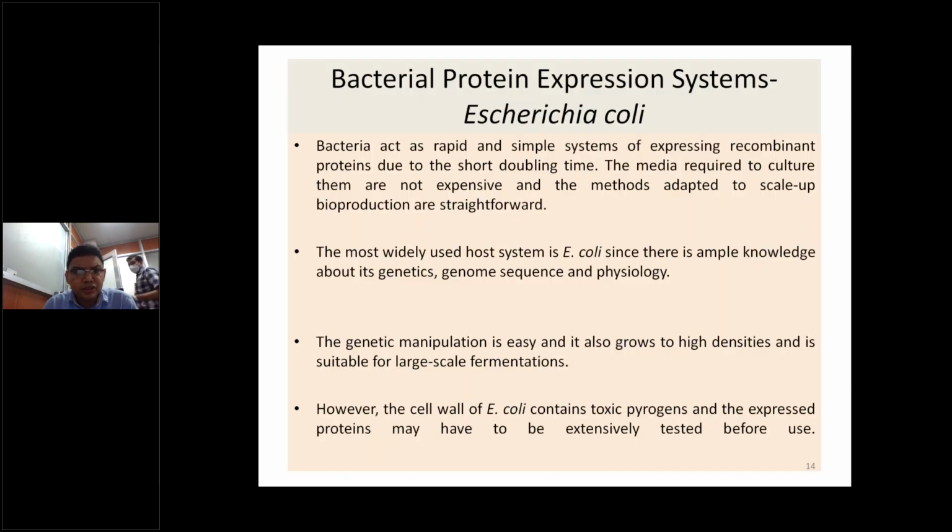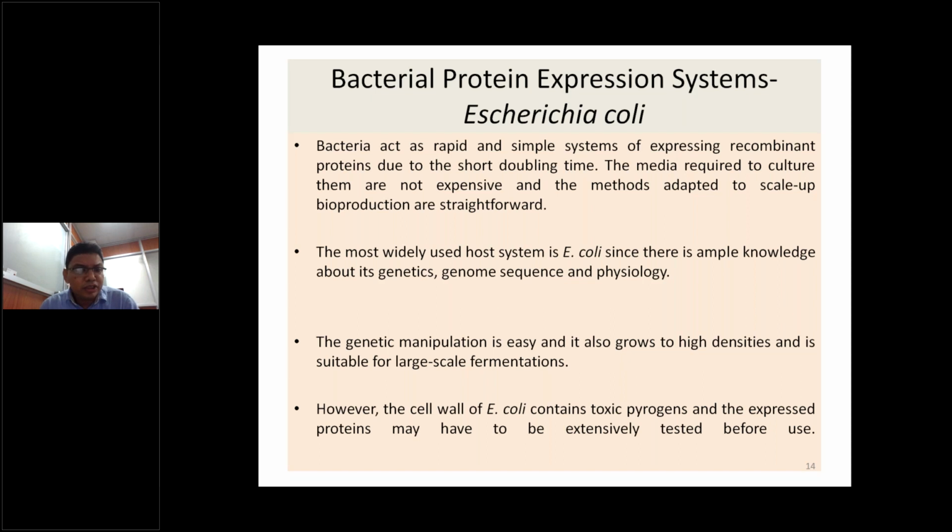Bacterial protein expression systems: there are many protein expression systems. One of the most commonly used protein expression systems is the E. coli system. It is so popular and so much in use because it is a rapid and simple system for expressing recombinant proteins, and the doubling time of E. coli is 20 minutes.